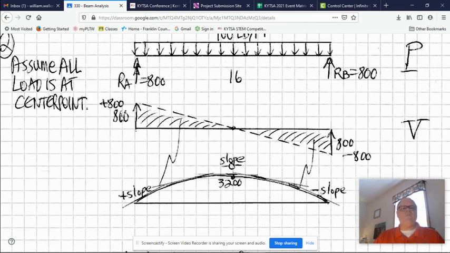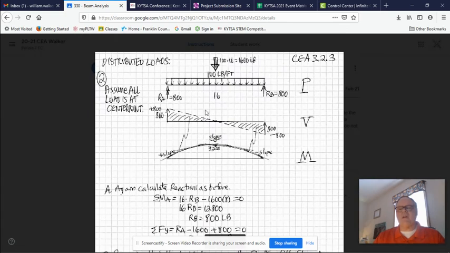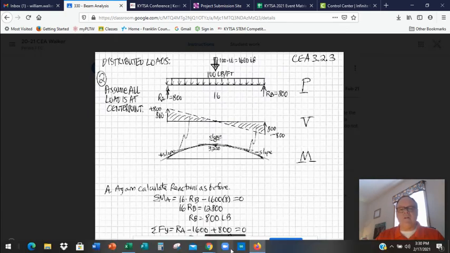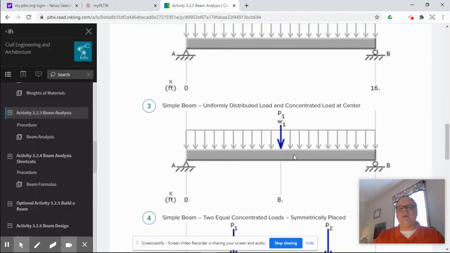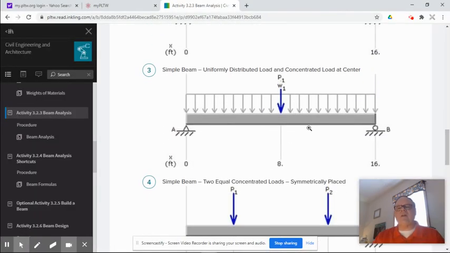Now, that's the manner in which you calculate both a concentrated and a distributed load. If you're working down through these problems, you'll notice number 3 combines a distributed load and a point load. You're going to do the same thing to get the reactions, but now you're going to follow the vectors.